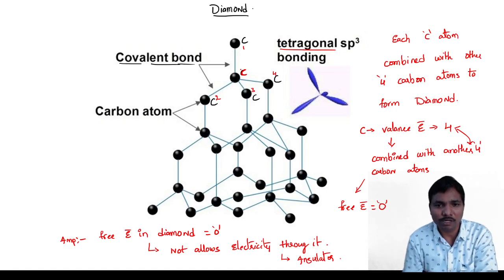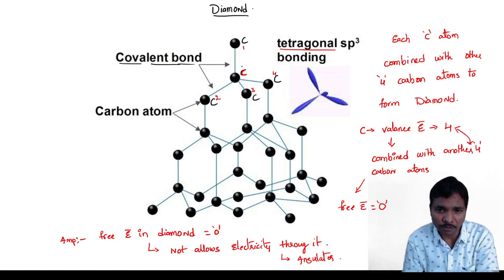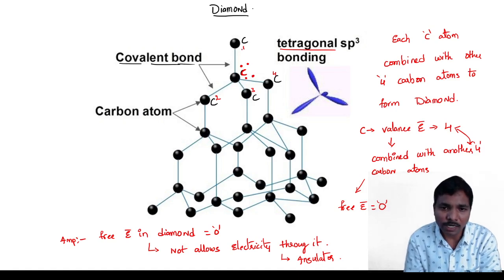If it has 4 valence electrons, 1, 2, 3, 4, one is combined with this, one with this, one with this.